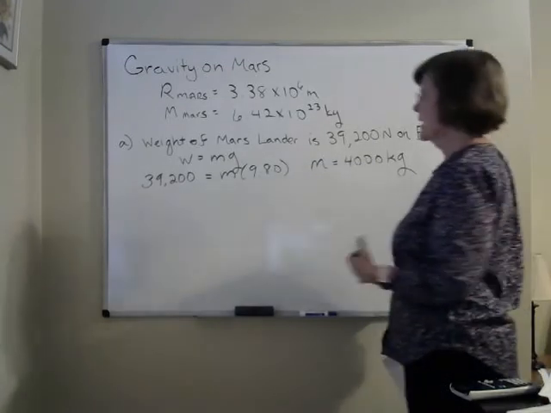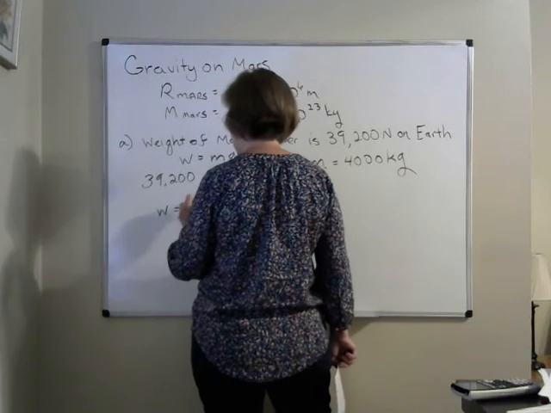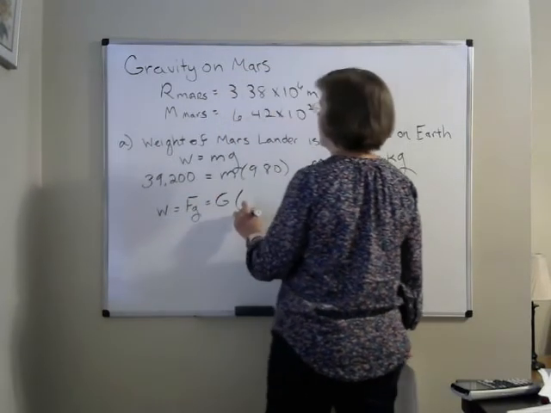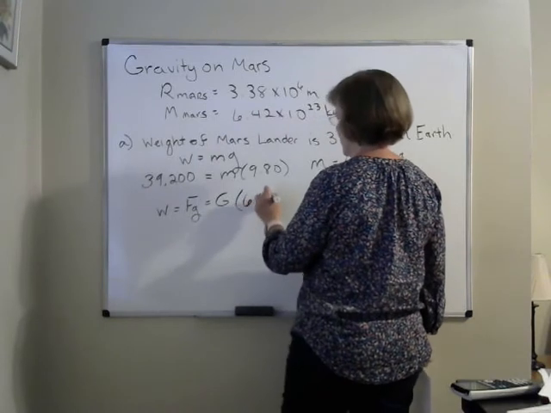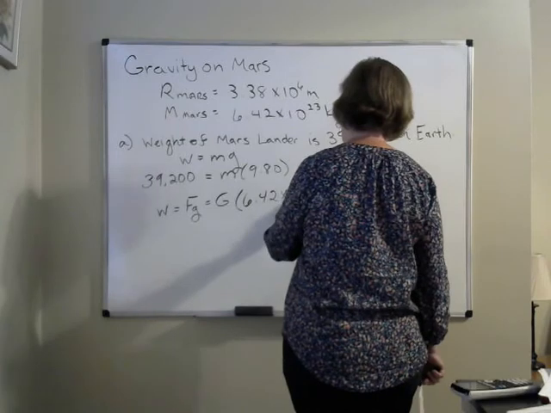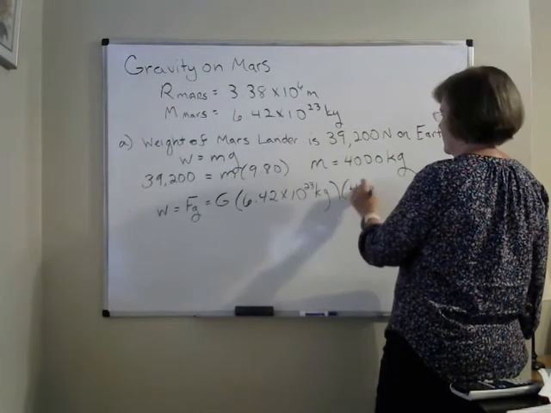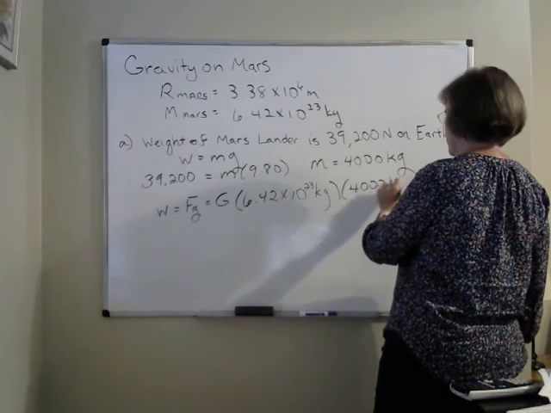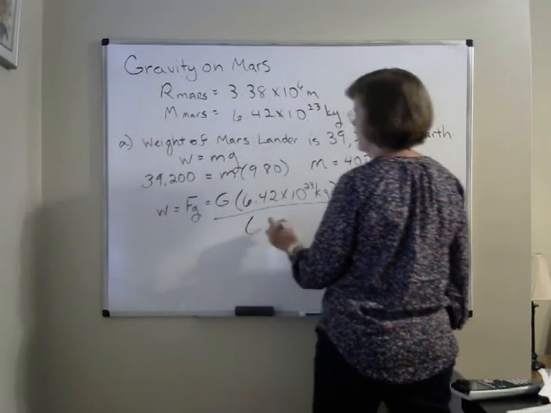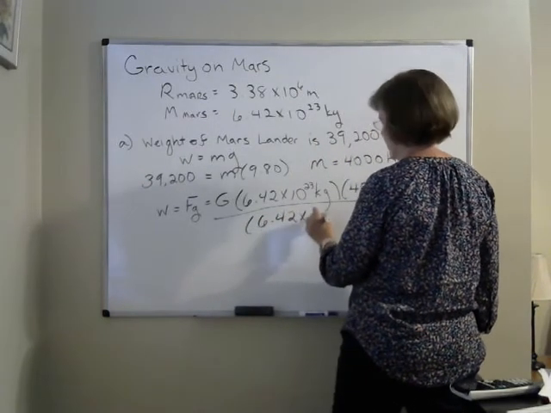So in this case, if we want to calculate its weight, it is simply its gravitational attraction. So it's G, the mass of Mars, the mass of the lander, and then of course the distance between the two, well, that will be the radius of Mars when it's sitting on Mars.